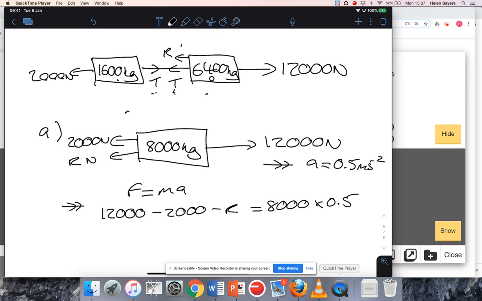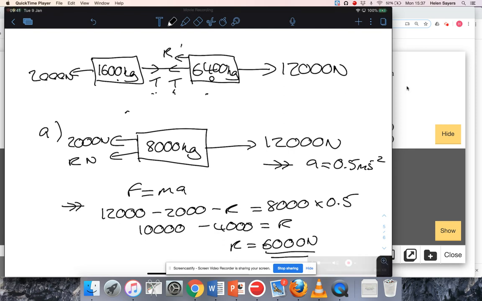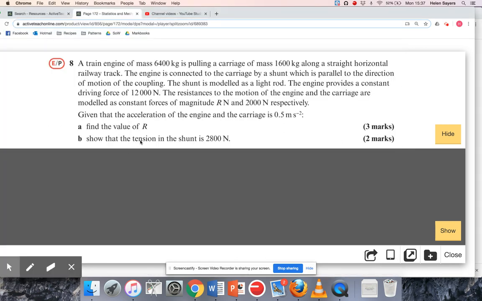So if I do 12,000 take away 2,000, and then minus 8,000 times 0.5, which is 4,000, that will give me R of 6,000 newtons.